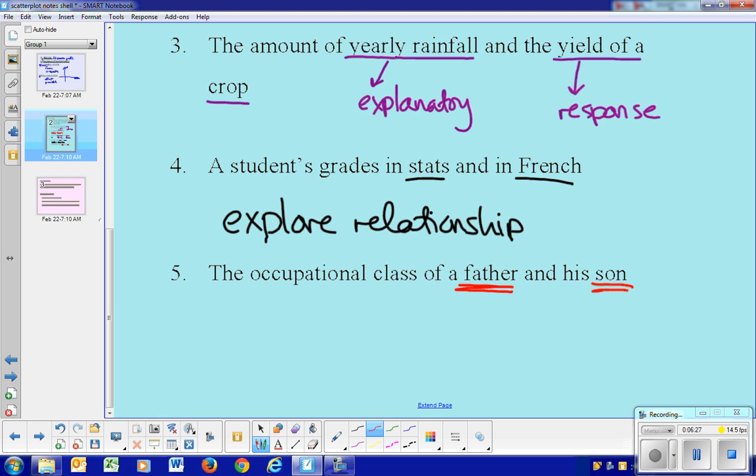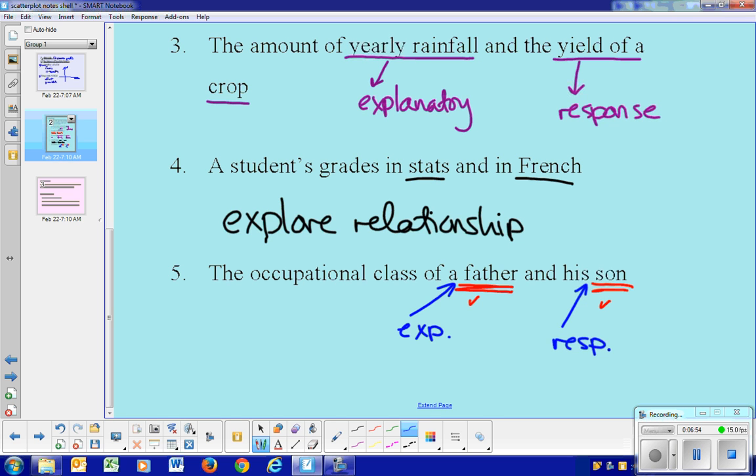Generally speaking, one does cause the other, and it's the class of the father that causes the occupational class of the son. But that isn't, like I said, as clear anymore. So I could see either answer here, but if you did mention a cause and effect, the father's occupational class is the cause, and the effect is the class of the son. And that's just because of the sequence in time in which it happens.